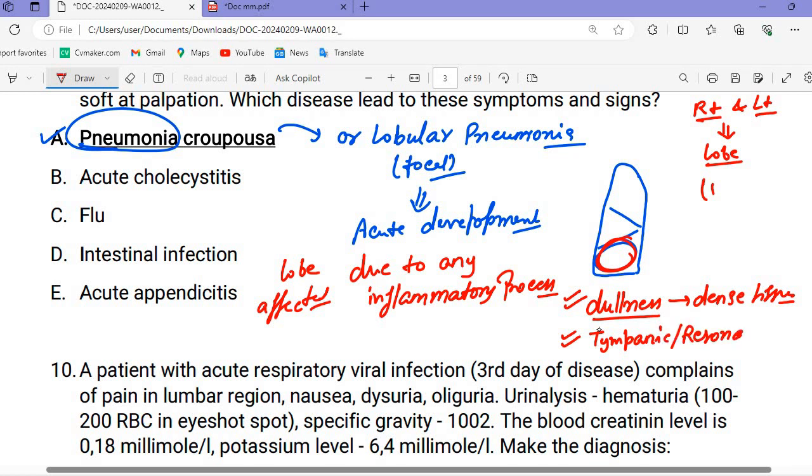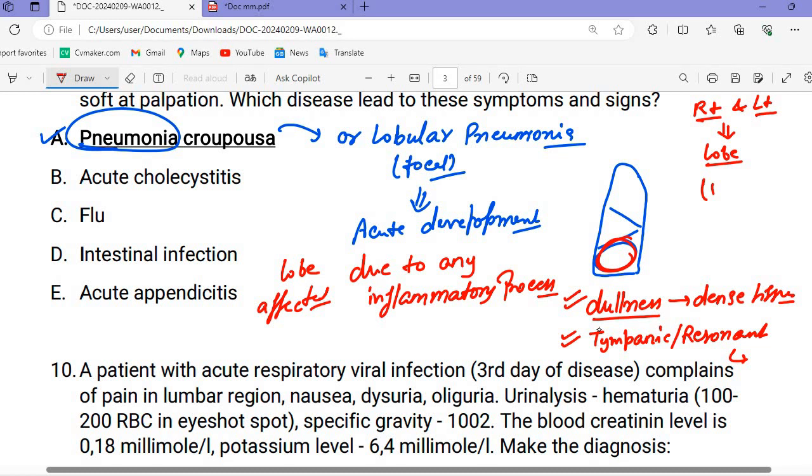This type of sound we hear when there is something not dense, like when a little air is there. In such conditions we can have tympanic or resonant sounds, like in the case of pneumothorax. So we can have tympanic, resonant or hyperresonant sound. Resonant is the normal.